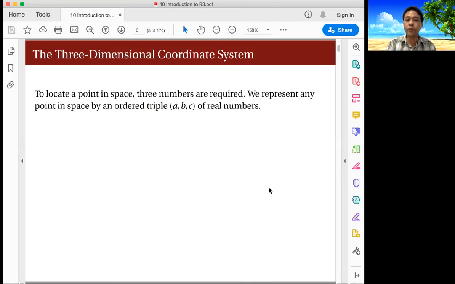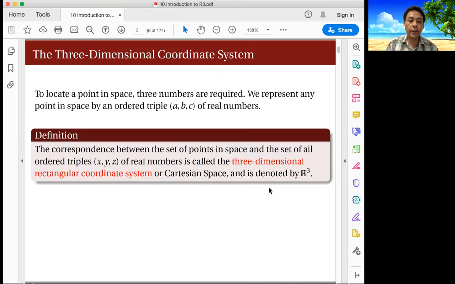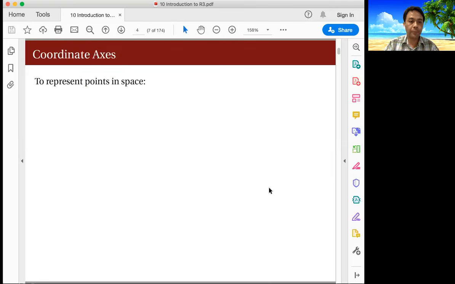Let us associate a point in three-dimensional space with an ordered triple. The correspondence between the set of points in space and the set of all ordered triples is called the three-dimensional rectangular coordinate system, or we call it the Cartesian space, and we denote this by R cubed.